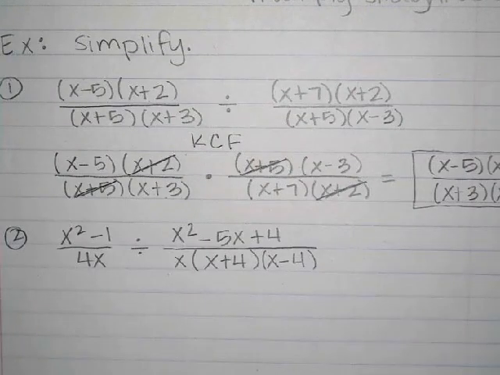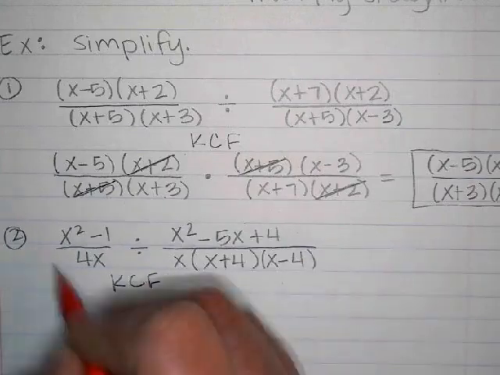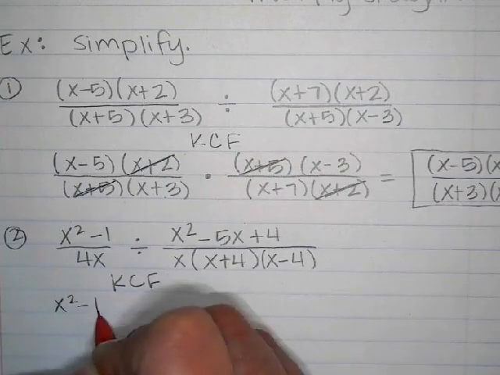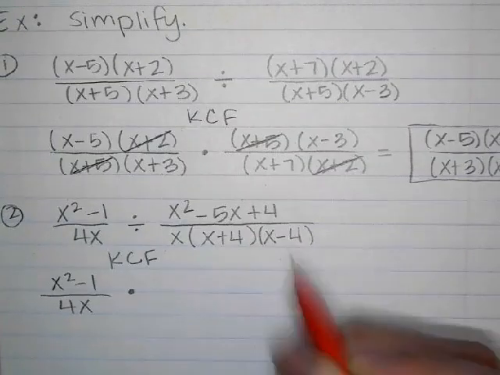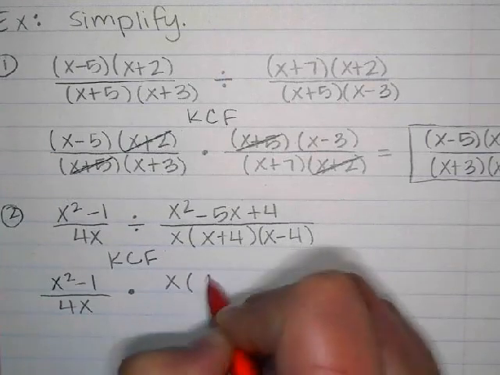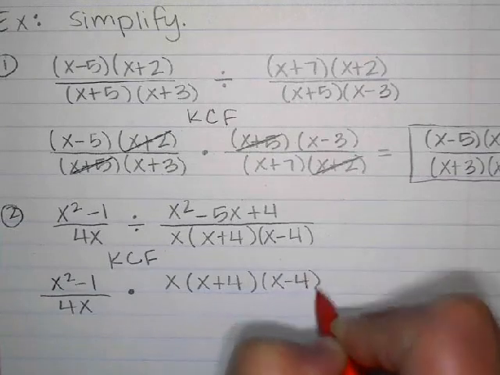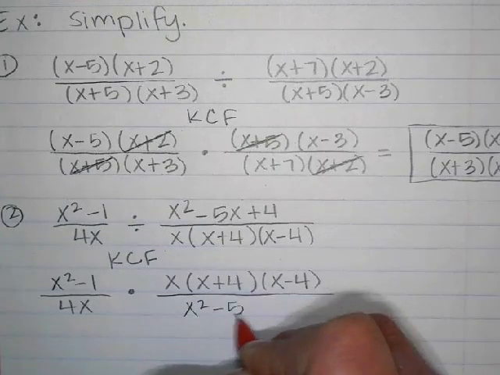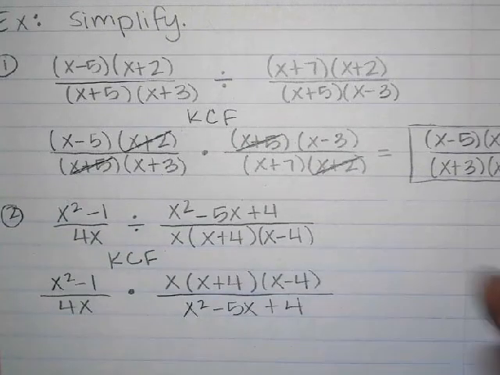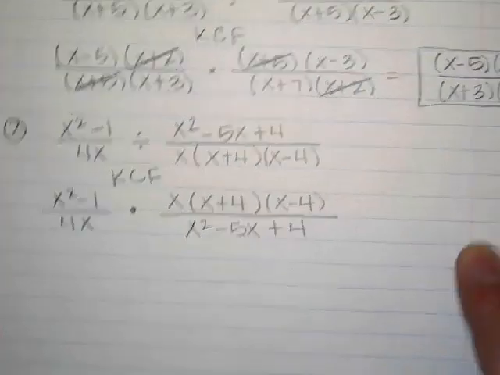And what do we do very first thing? Keep it, change it, flip it. Since it's a division problem, so I'm going to do x squared minus 1 over 4x. Change it to a multiplication problem. And then I'm going to flip this fraction upside down. And they factored some of it for us, but they didn't factor all of it for us.